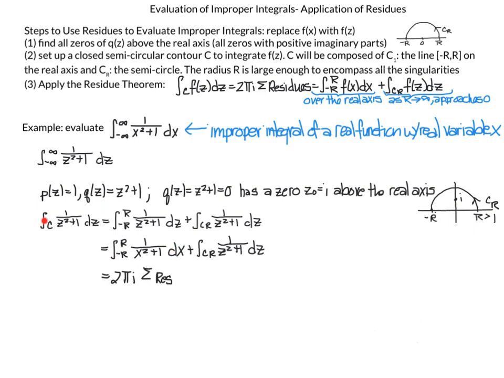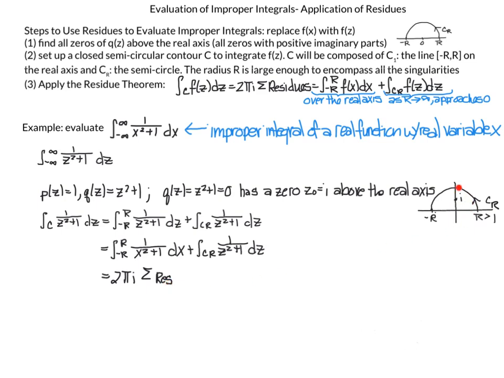And the thing about this closed contour integral is we can apply the residue theorem. Remember Cauchy's residue theorem says that an integral over a closed contour is equal to 2 pi i times the sum of the residues enclosed by the contour. If there's a residue somewhere outside the circle, we don't care about it, only the residues enclosed by our curve.